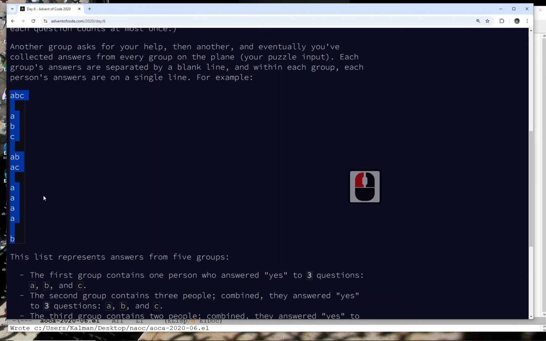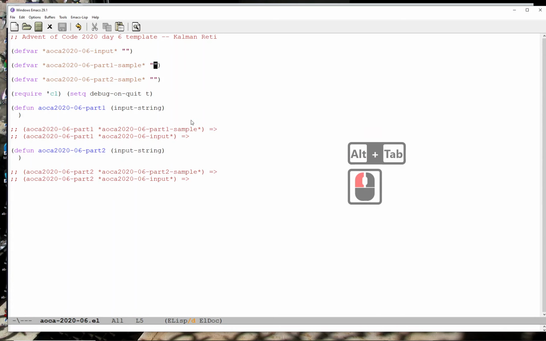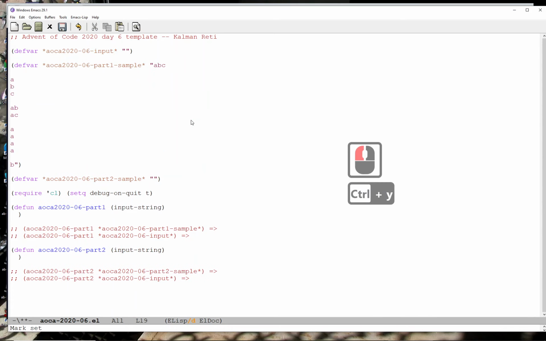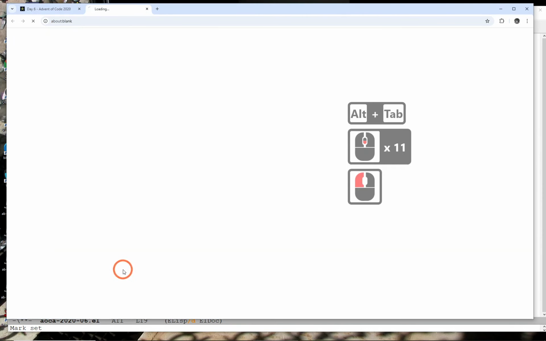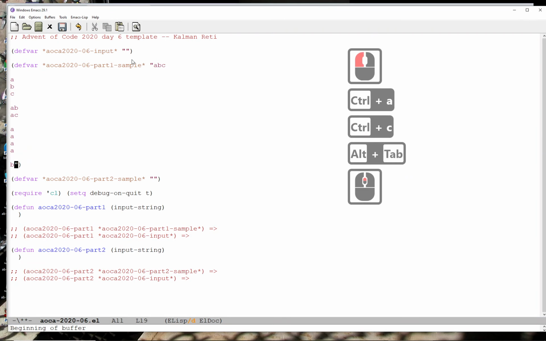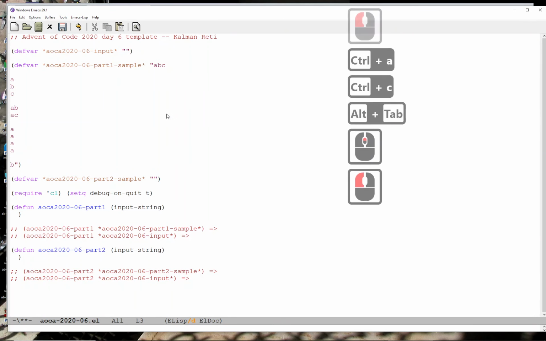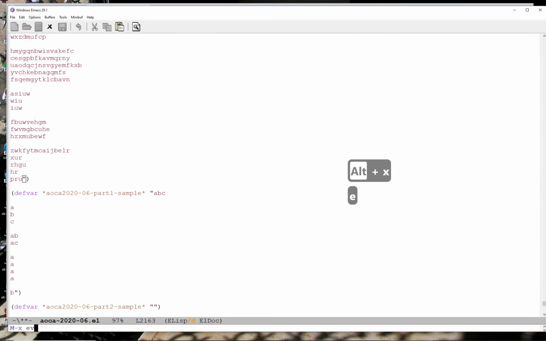This is our sample, which goes here. And then we need our real input, which goes up here. And then I can M-x eval-buffer to evaluate the whole buffer.